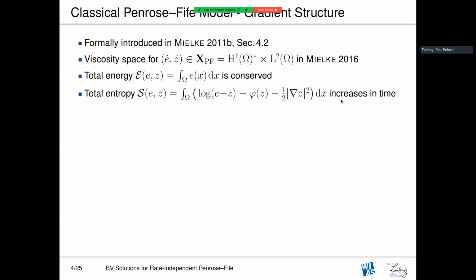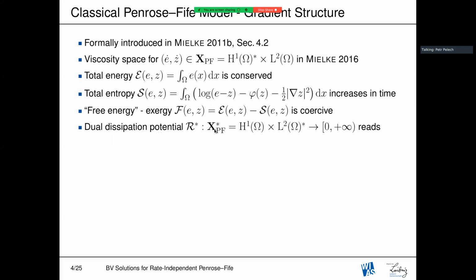For the system, this of course increases in time, but we prefer rather to work with the so-called exergy. Some people call it free energy, and the reason for this is that this functional is coercive in the functional space. So for this we use the variational methods.